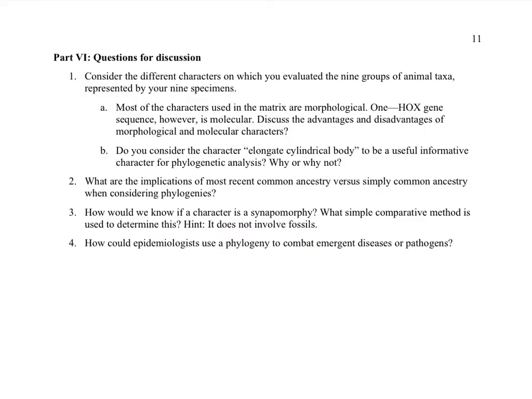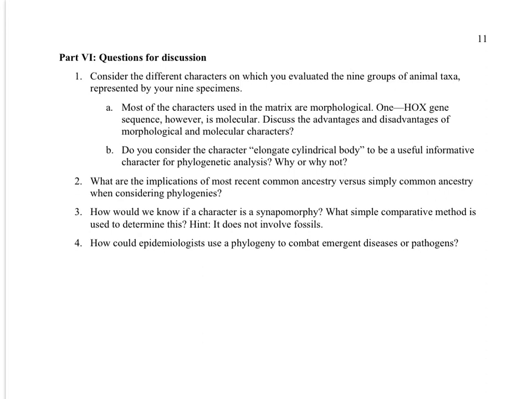So finally, we get to the last 4 questions in part 6. Okay, so for part 6, number 1, it's telling you that there are different categories of evidence in the matrix, the data that you have, the facts. And there are 2 particular kinds. One is the Hox gene, which is molecular.